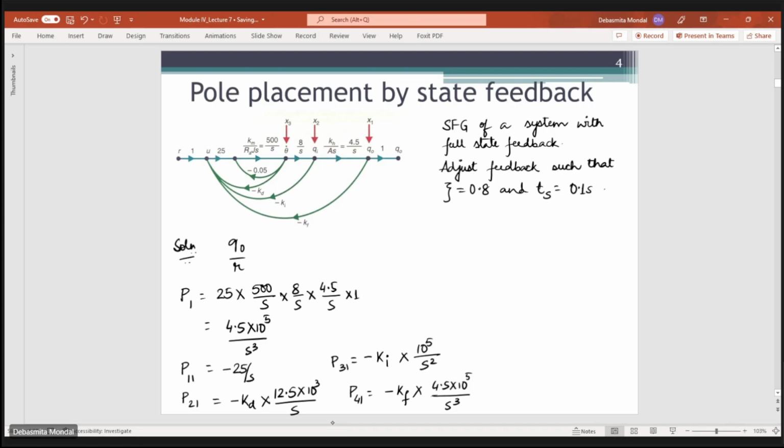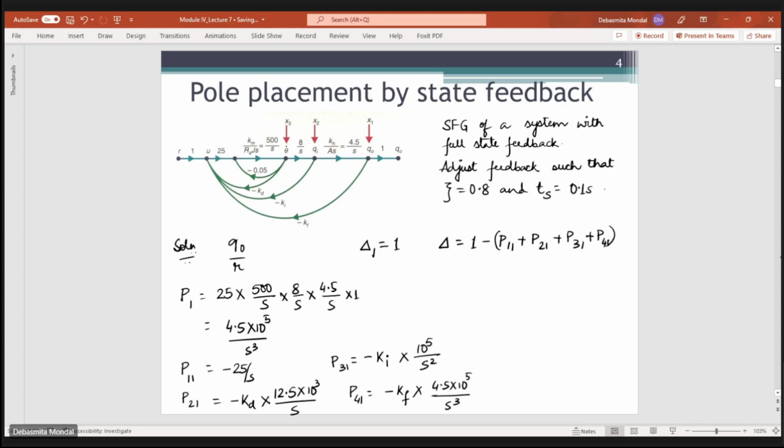Similarly, you can find out the value of delta 1. Delta 1 will be equal to 1 since all the loops are touching the forward path, and the value of delta will be equal to just 1 minus P11 plus P21 plus P31 plus P41. And here we don't have any two non-touching loops, so we don't have the other terms.